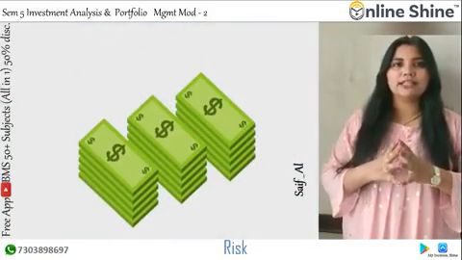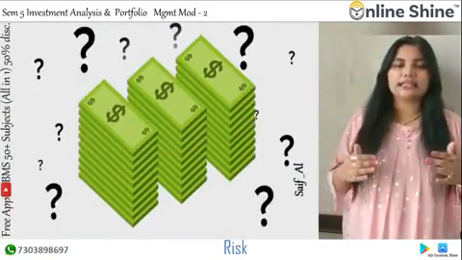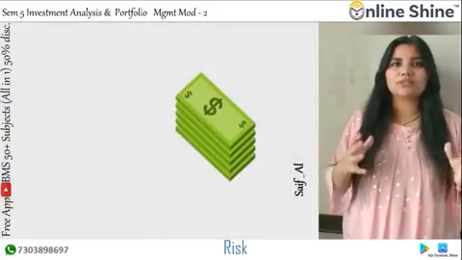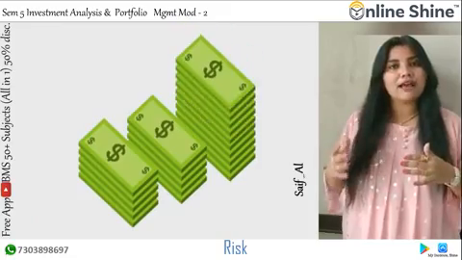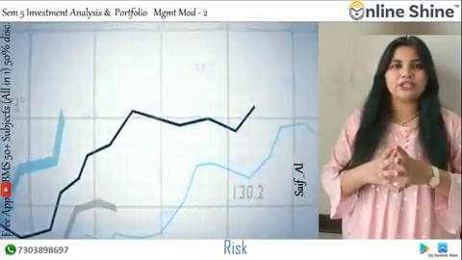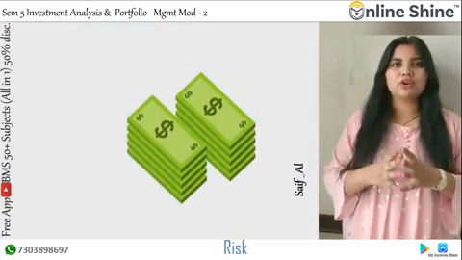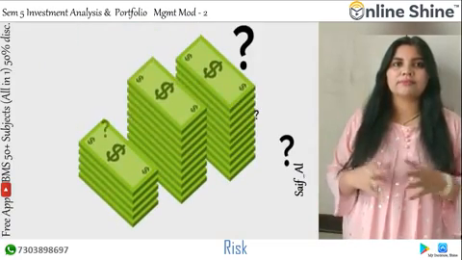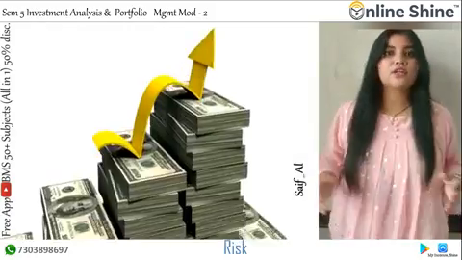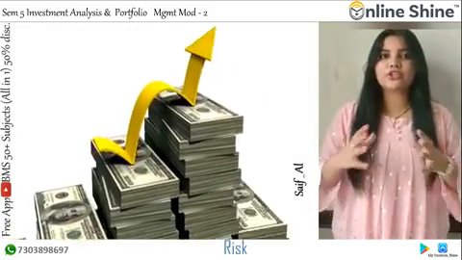So the essence of risk in an investment is the variation in its returns. This variation in returns is caused by a number of factors. These factors which produce variations in the returns from an investment constitute the element of risk. So this is all about the introduction of risk.